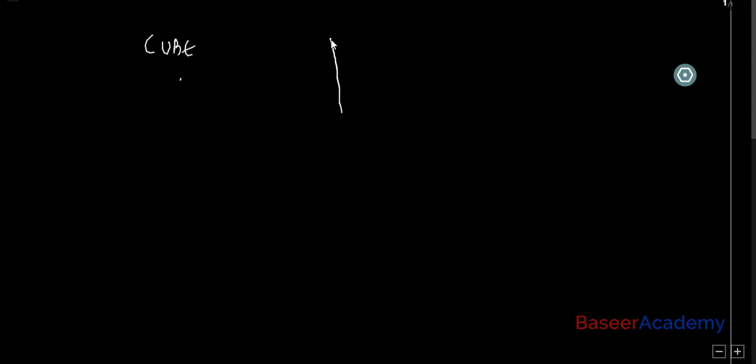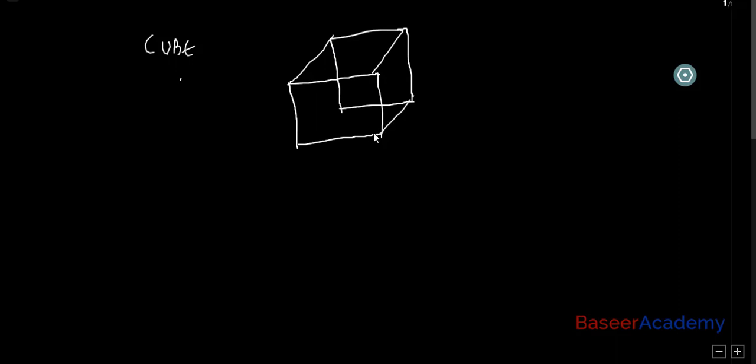A cube would probably be like this, right? All the sides in a cube are equal. Now, what would be the lateral surface area of a cube? Lateral surface area is nothing but the area of four walls.